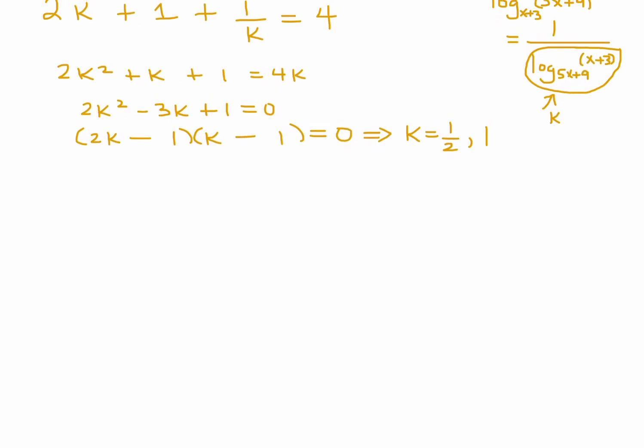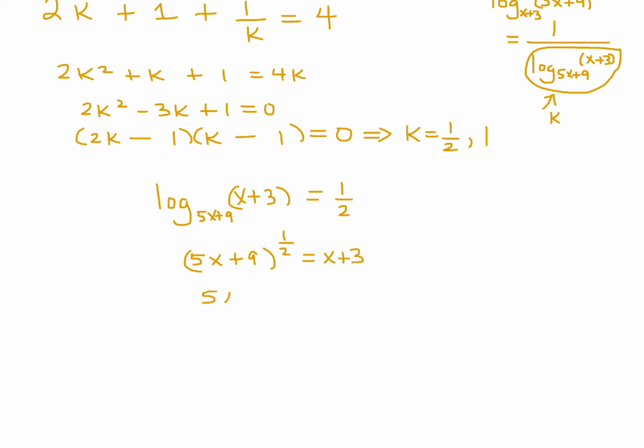So that k was log of x plus 3 to the base 5x plus 9, and that is equal to either half or 1. Okay, so let's do half first. Let's set it equal to 1/2 and see what happens. Then by log rules, that means 5x plus 9 to the half is equal to x plus 3.